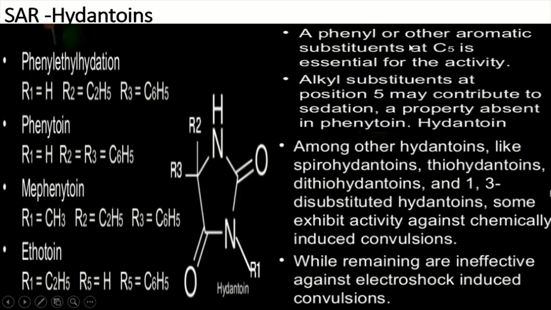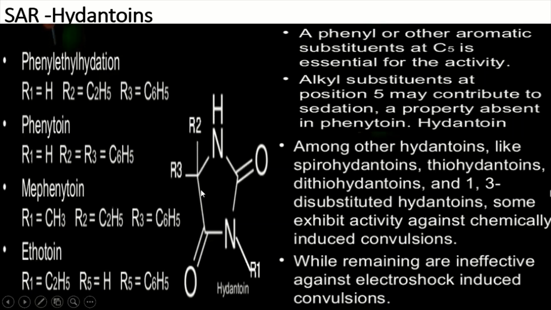A phenyl or other aromatic substituent at C5 is essential for the activity. We start numbering from this nitrogen as 1, this is second position, this is third, this is fourth, and this is the fifth position. So this R2 and R3 substitution is in the fifth position.